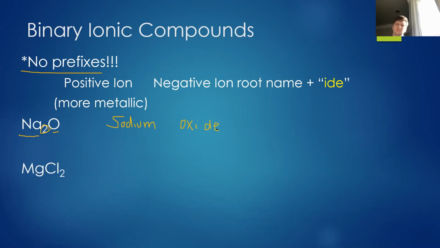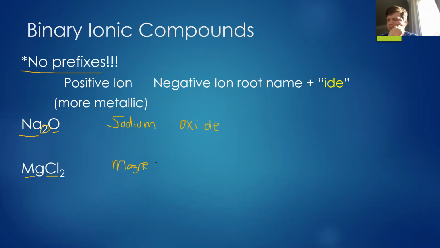All right, here's another one, MgCl2. So it is an ionic compound because magnesium's a metal, it's an alkaline earth metal. Chlorine's a nonmetal, it's one of those halogens. So to name it, magnesium, no prefixes, no alternate endings, and then chlorine becomes?